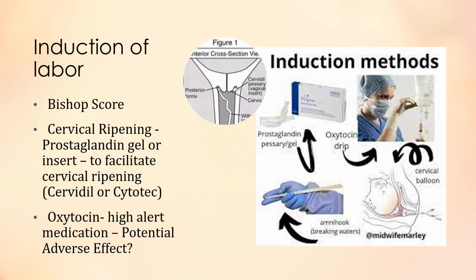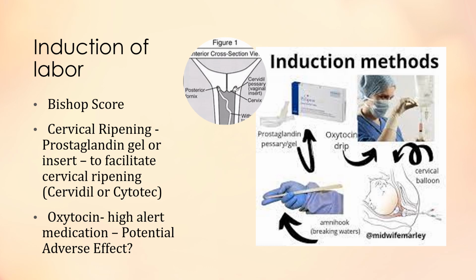In this picture here of induction methods, you can see prostaglandins. It looks like this picture is kind of blurry now, but there's the oxytocin drip, which we titrate very carefully, and then there's Amnihook, which is breaking the water. That is a more natural way to signal the body that you want it to start releasing endogenous prostaglandins and oxytocin.